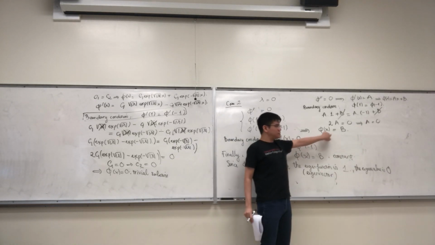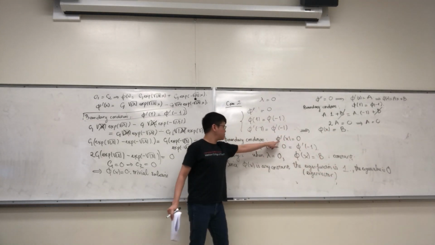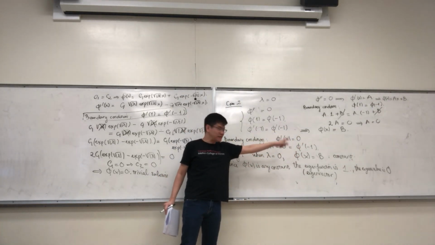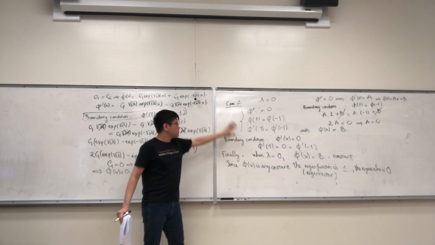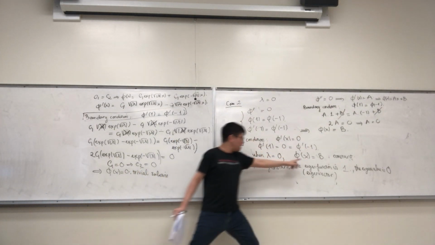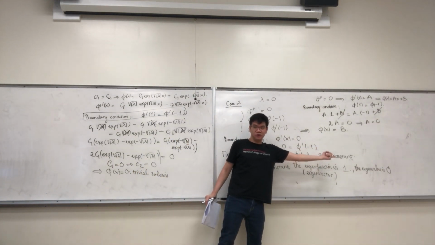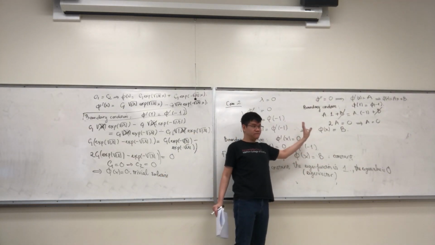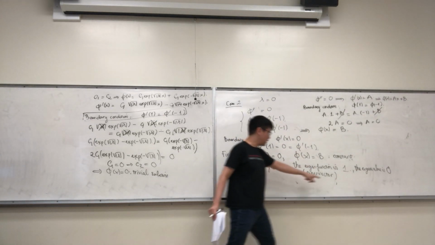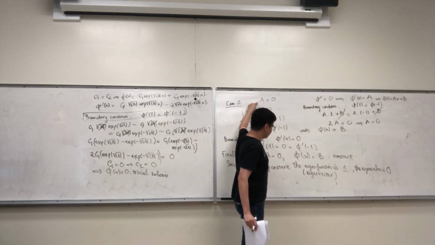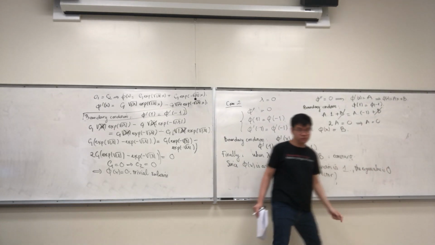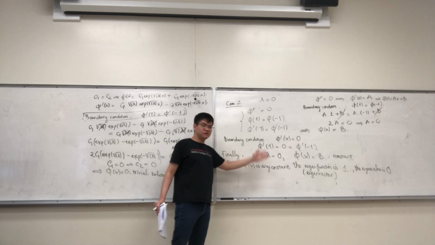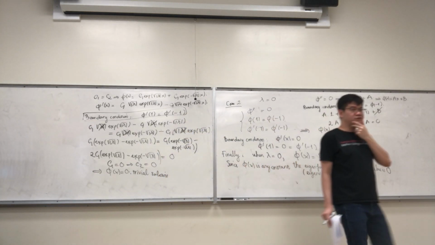But because the function is now constant, the derivative is always 0, which means that the second boundary condition is always satisfied. In other words, the solutions for this one are constant functions. All right? Because they're all constant, you can remove a constant. Right? So the eigenfunction is 1. And then in this case, lambda is 0, which means that the eigenvalue is 0. Right? So in this case, you have one eigenfunction or eigenvector and one eigenvalue. Questions?